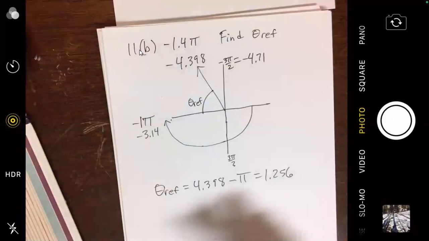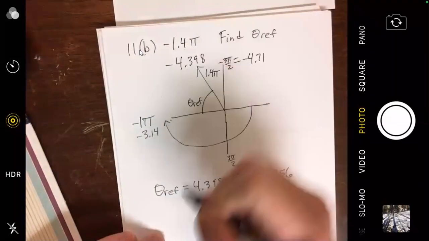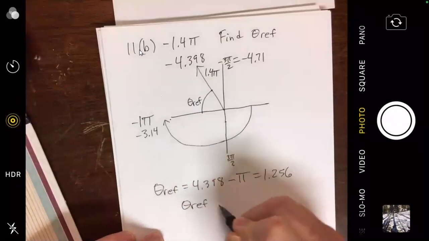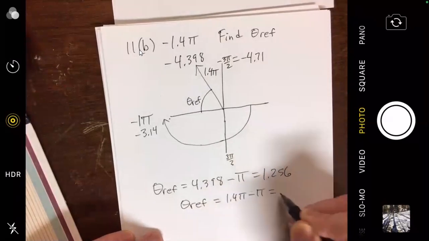The book may have some sort of fraction of pi on it. In fact, this was 1.4 pi, right? You could have done it that way. You could have done it 1.4 pi subtract pi.